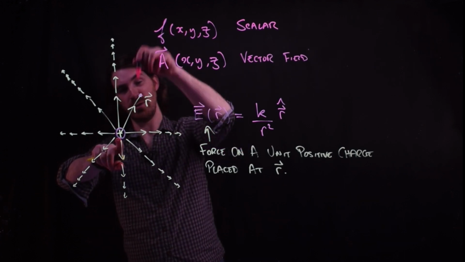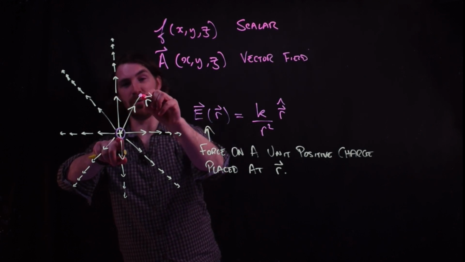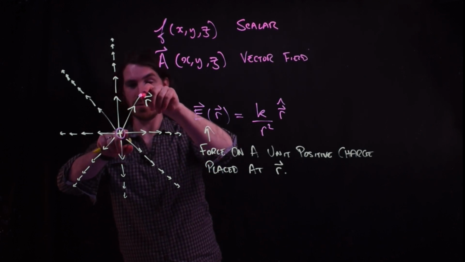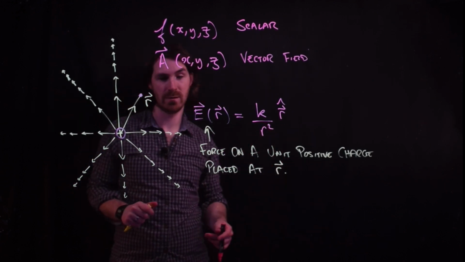If I bring another unit positive particle to this point, then what is the force it will experience because of this charge at the origin? And that's all this electric field tells you.